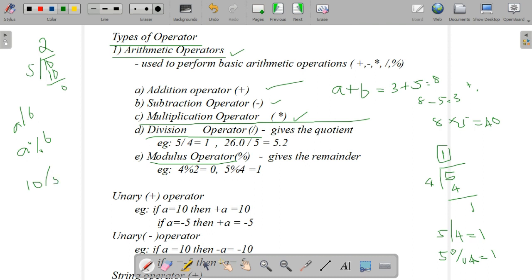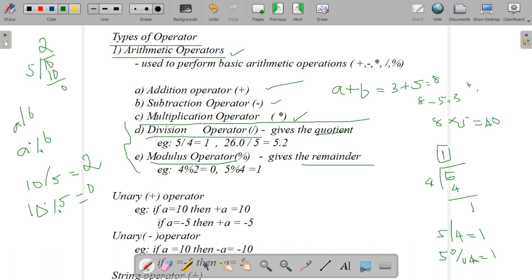It is 10 divided by 5. The quotient is 2. And what is the remainder? 10 modulus 5 equal to 0.